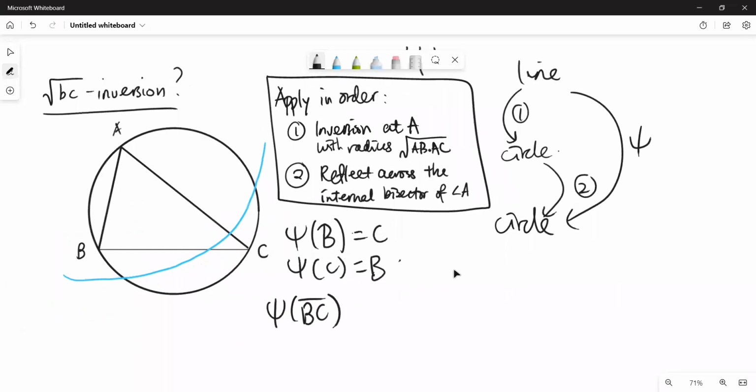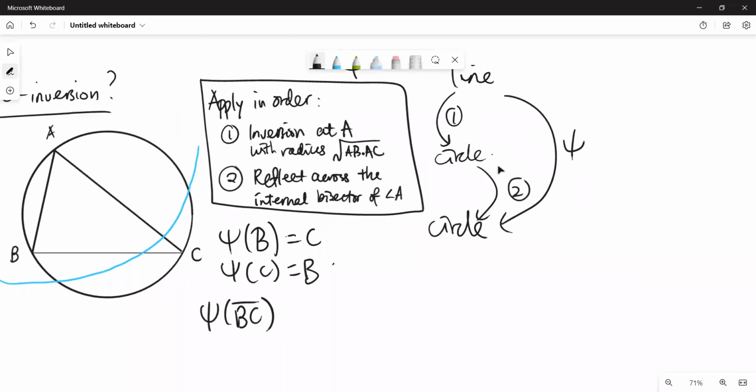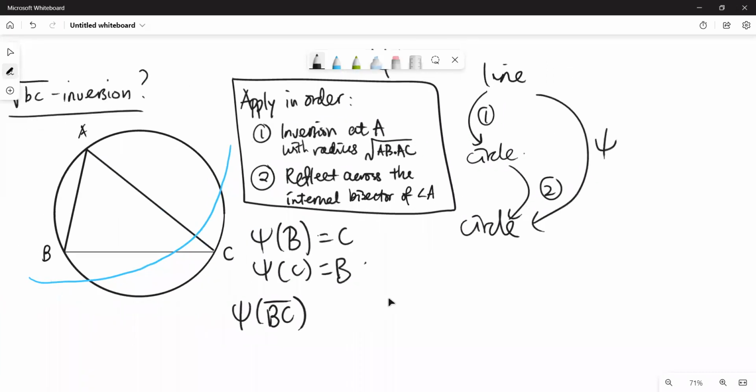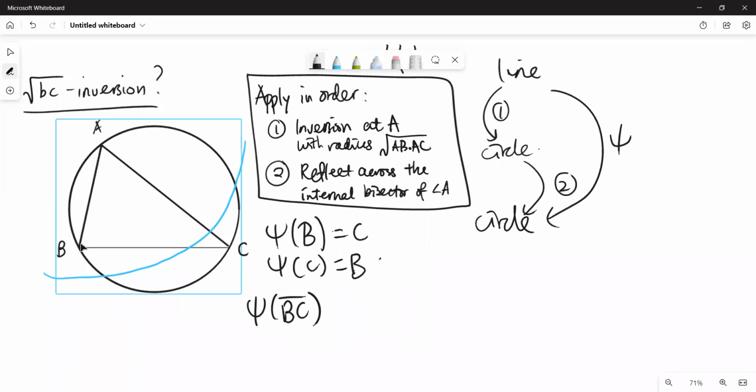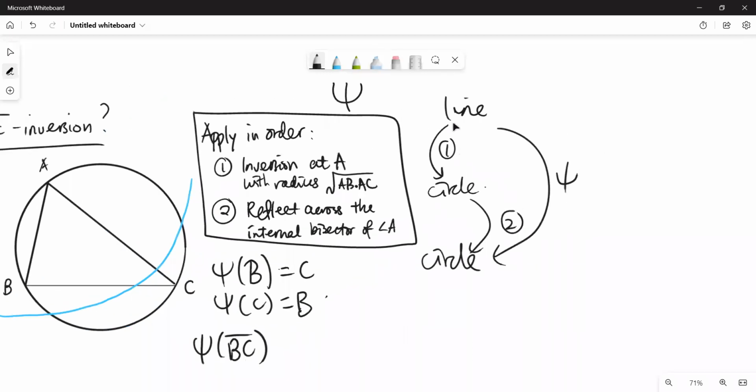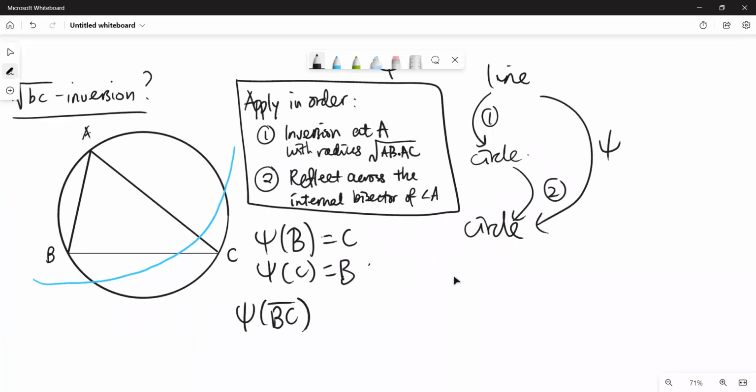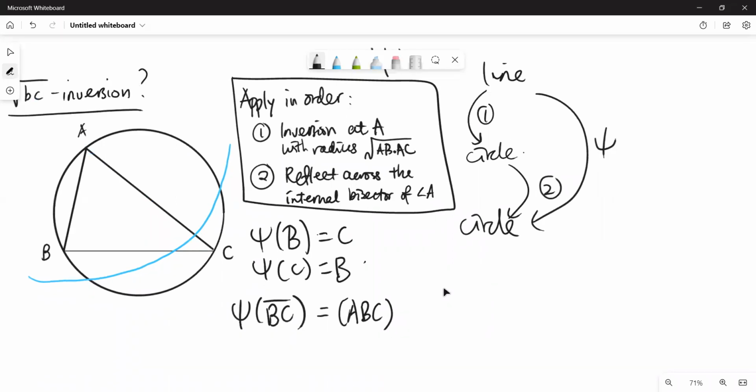So which circle, you might ask? Let's take a look at what circle it must be. Well, it must pass through the image of B, which is C. It must pass through the image of C, which is B. And after transformation 1, this circle must pass through A. After transformation 2, it remains passing through A. So it must be the circle ABC.